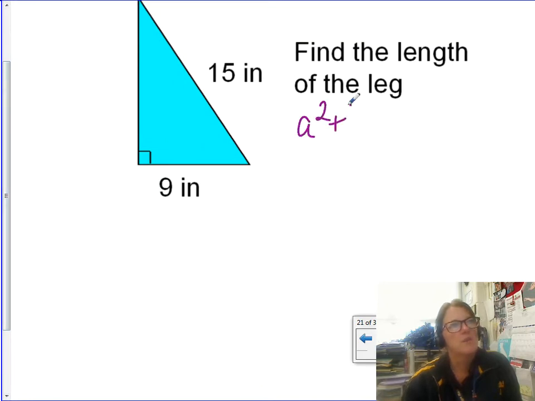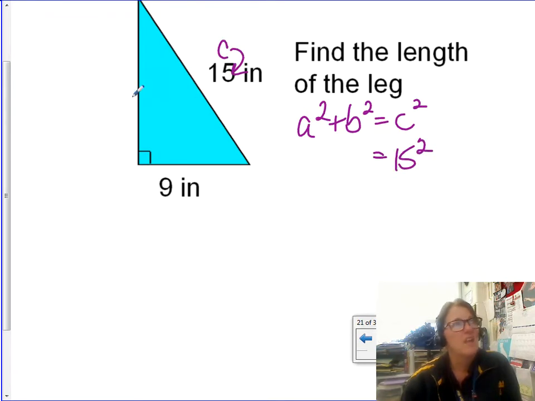This is c right here. Is this a or b, the 9? Doesn't matter. If you want to call this a and call this b, that's fine and dandy. So a squared plus b squared equals c squared.